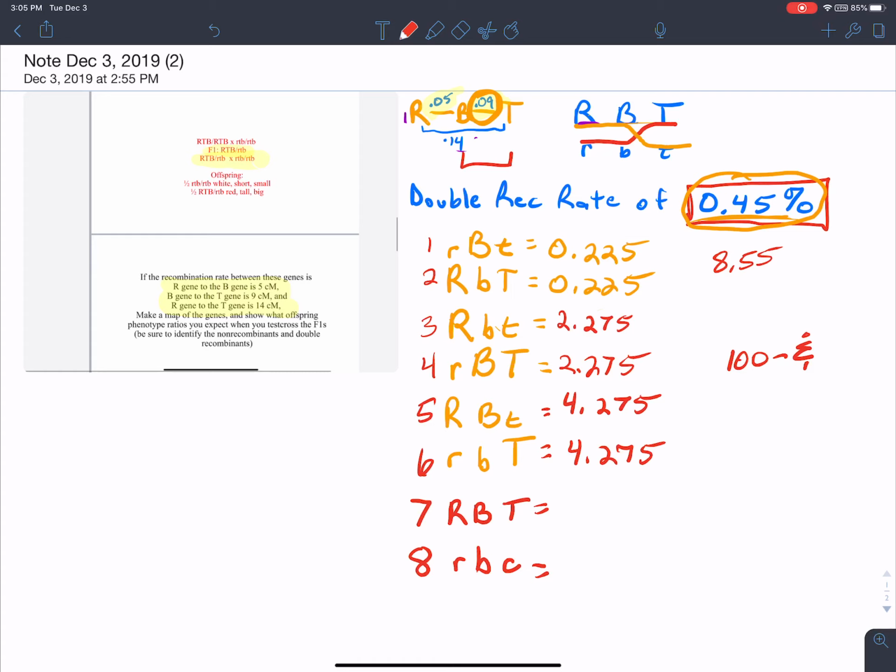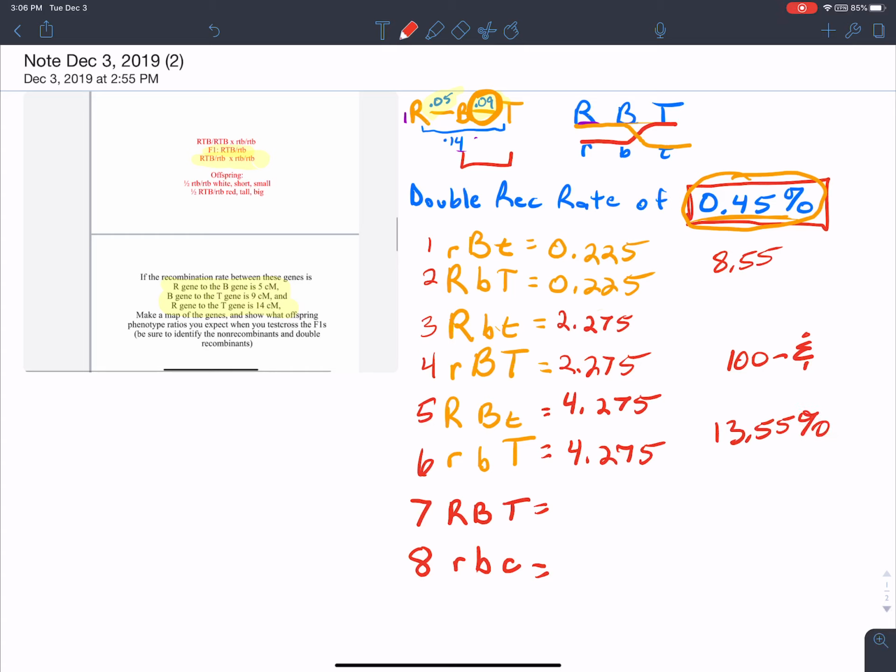0.225 plus 0.225 plus 2.275 plus 2.275 plus 4.275 plus 4.275. That gives you a grand total of 13.55% recombinant.